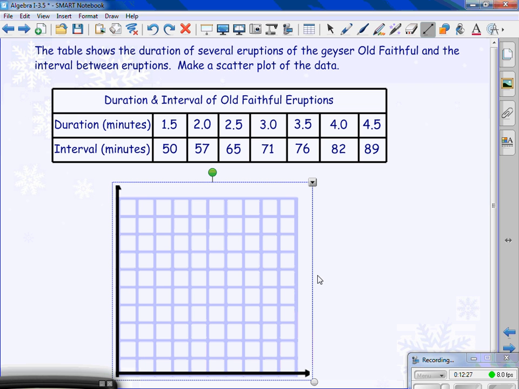Everyone knows what Old Faithful is. It's a geyser, shoots water out of the ground, happens every so often. So water came out of the ground for a minute and a half, and then it took 50 minutes for the next one to happen. Next one happened for 2 minutes, and then it waited 57 minutes. It's not perfectly timed.